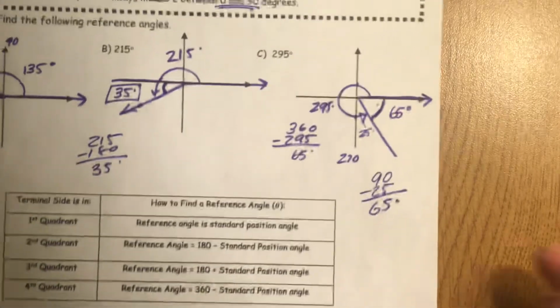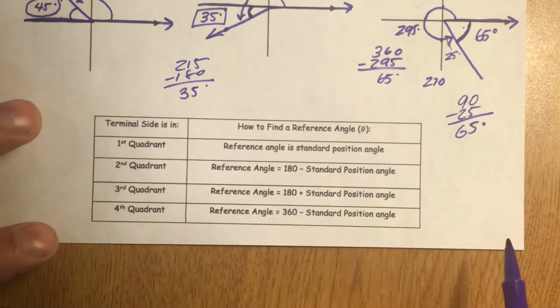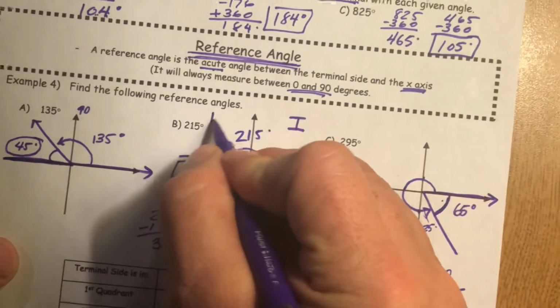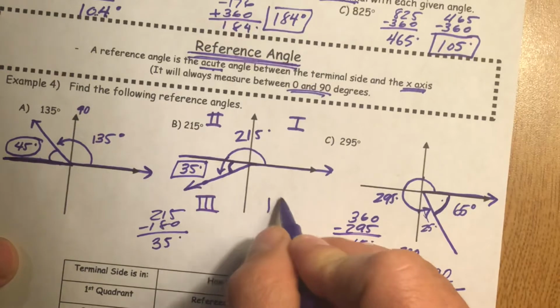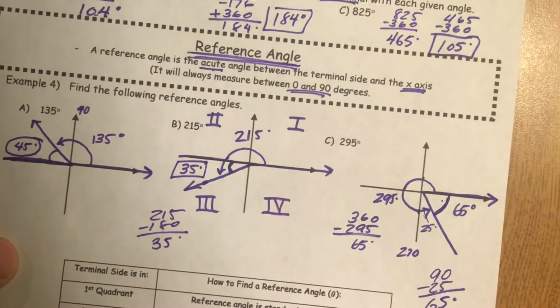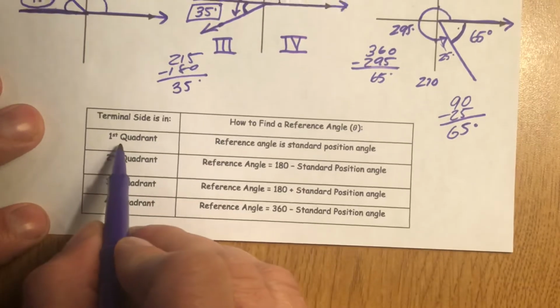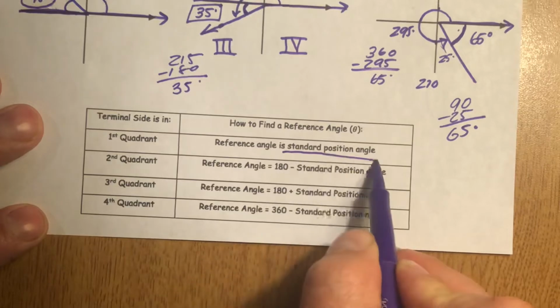Now down here, guys, this is something you can look at. This may help you a little bit. Just remember this is the first quadrant, second quadrant, third, and the fourth quadrant. So if the terminal side is in the first quadrant, the reference angle is the standard position angle, whatever it is.